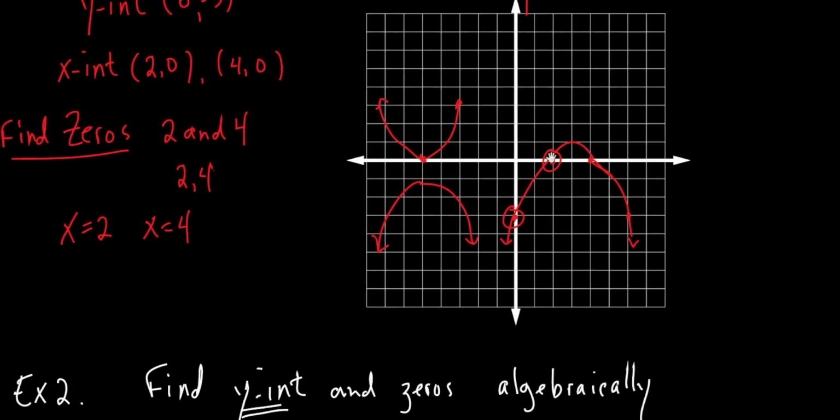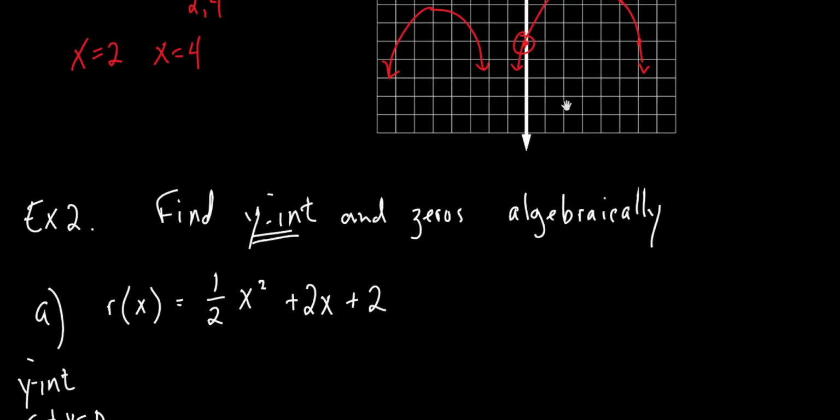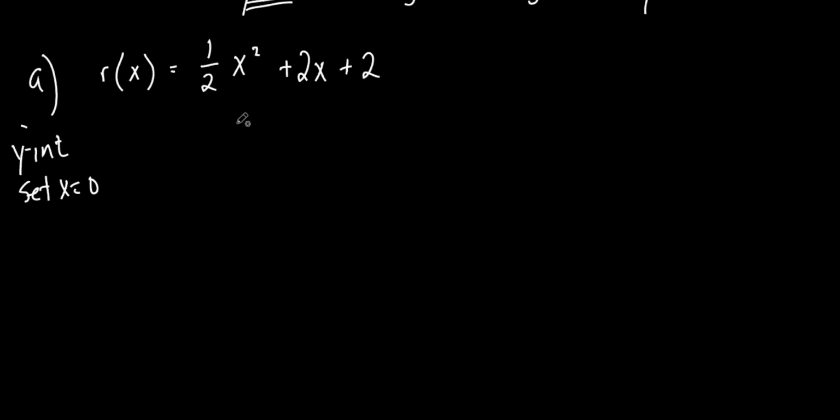So wherever x was 0, you just go down to where the y is, and that's the y-intercept. Make sense? All right, so let's do that. That's the easy part of this one. So it's just 1/2 times 0 is 0, plus 2 times 0 is 0, plus 2 is what? 2. So what's your y-intercept? We usually write it as an ordered pair. So the y-intercept is 0, 2.